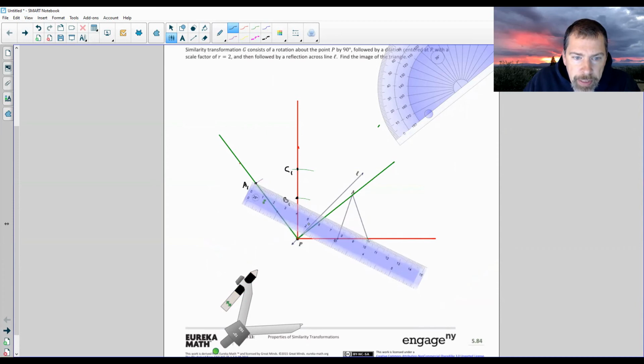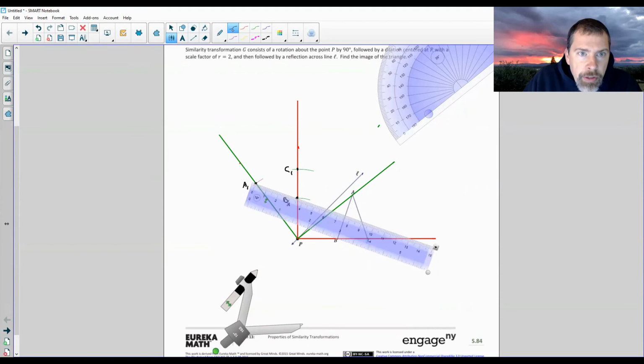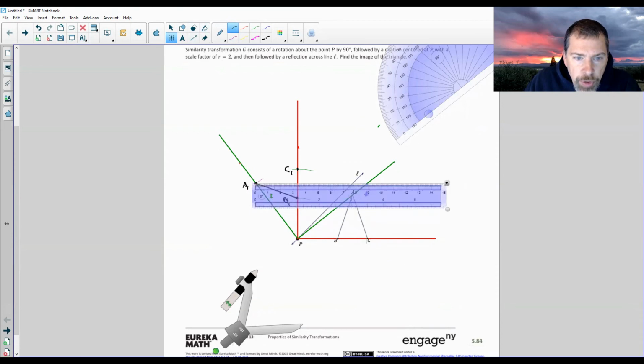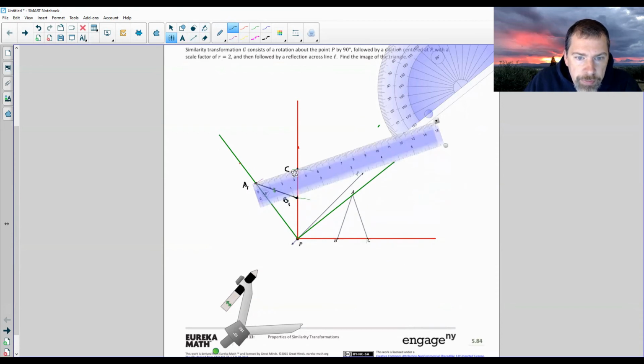I will make this black, so I'm not confusing it with my angle rays. I'll make it black and I'll draw a segment A1, B1. I'll rotate over to C1, and that will be segment A1, C1.